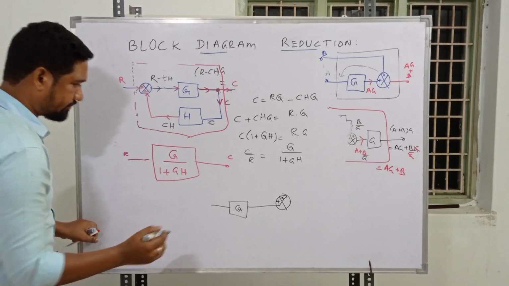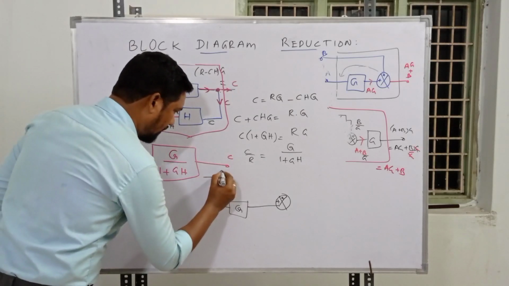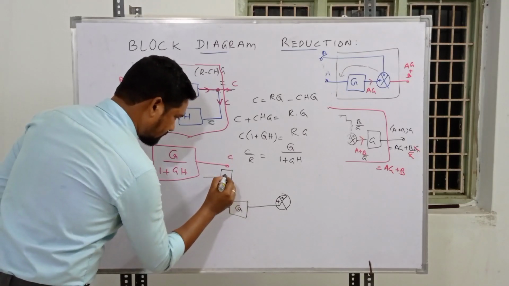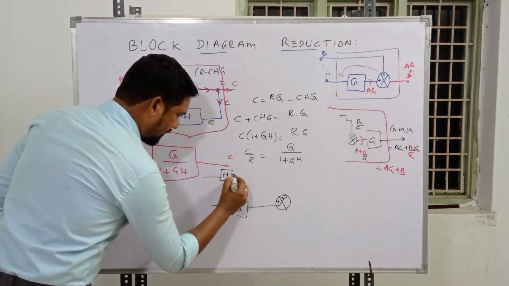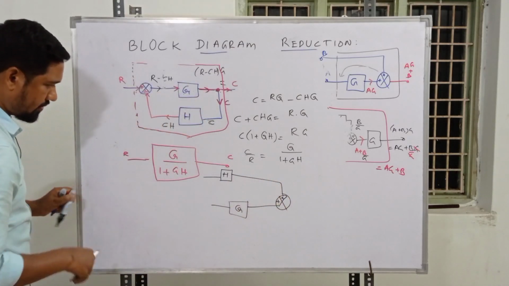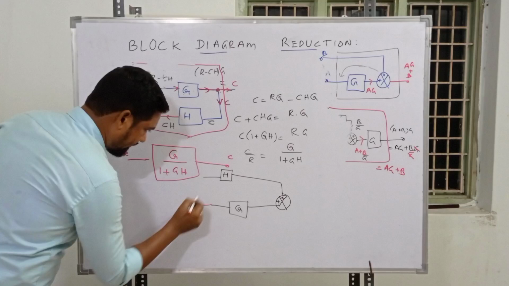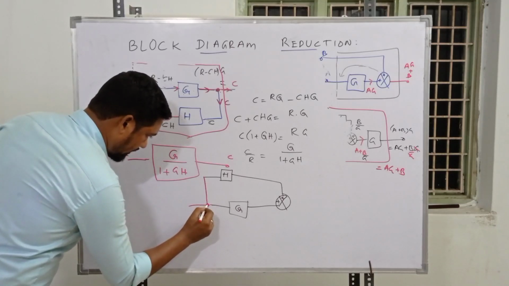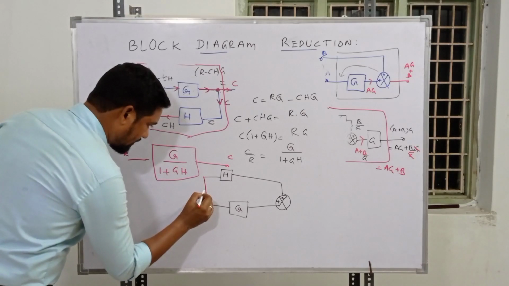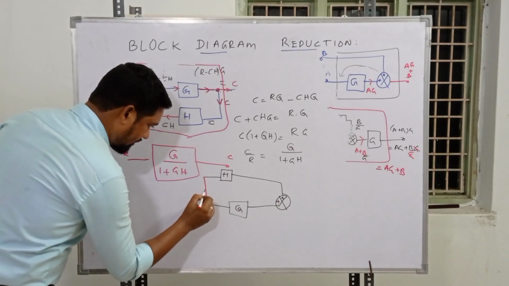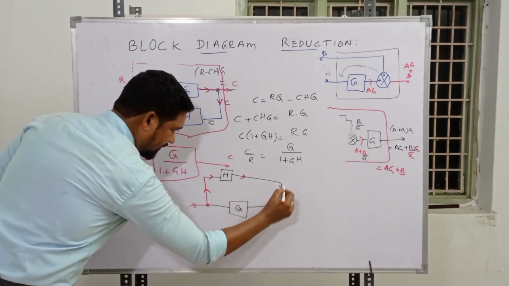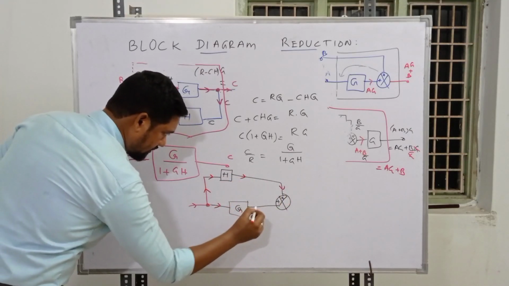Then another block, give the name H. So now you may come across this arrangement also, guys. You may have a takeoff point, and let's say the signal is flowing in this direction, like this.